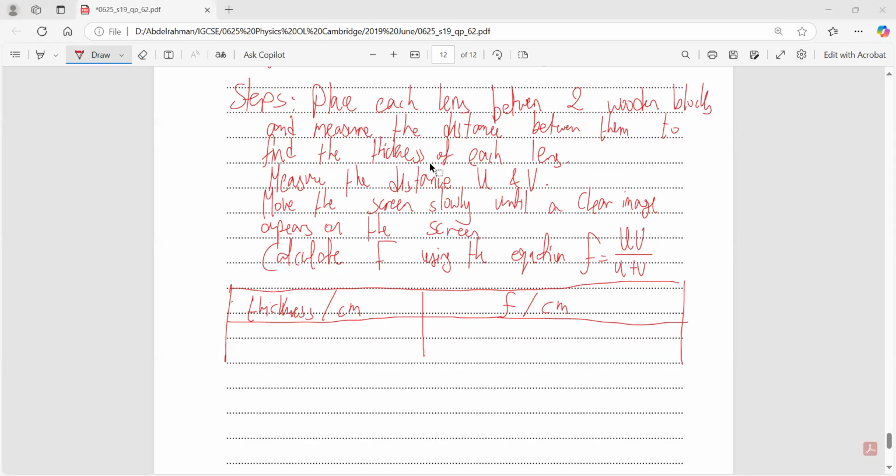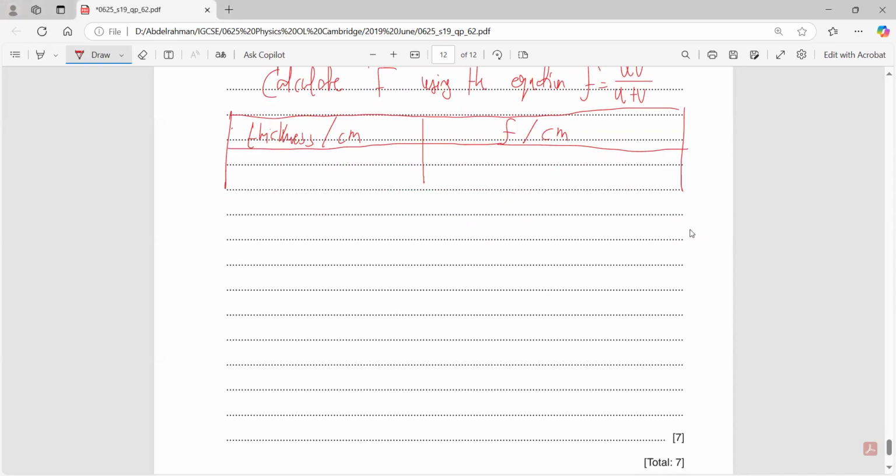You have the table. We wrote down the steps. And then we can write down a quick conclusion. I know he didn't want a conclusion, but we can write a very quick one. For each lens, repeat the experiment and take the average.